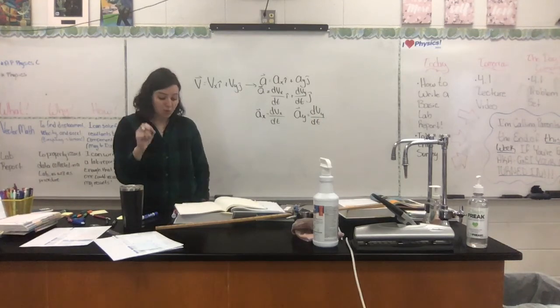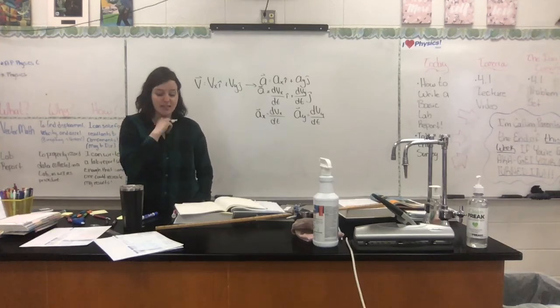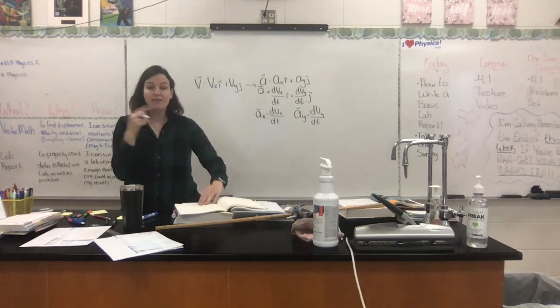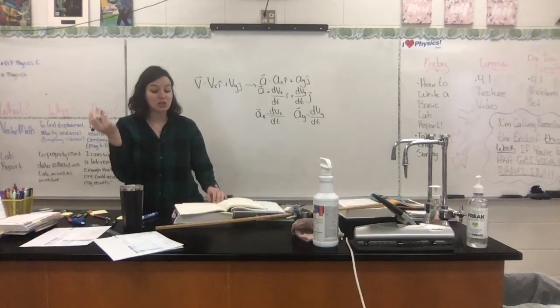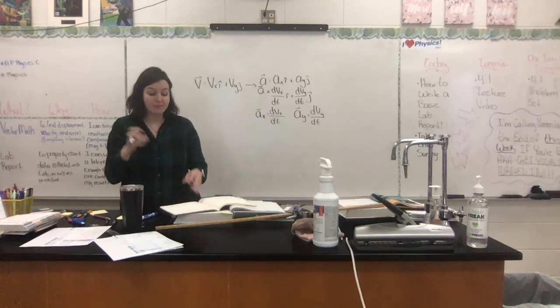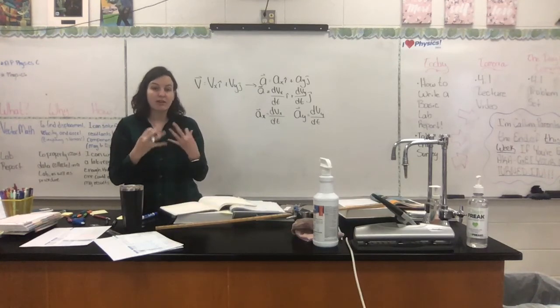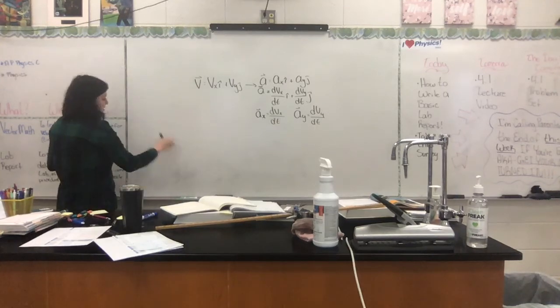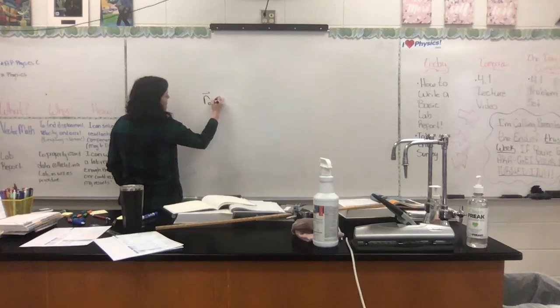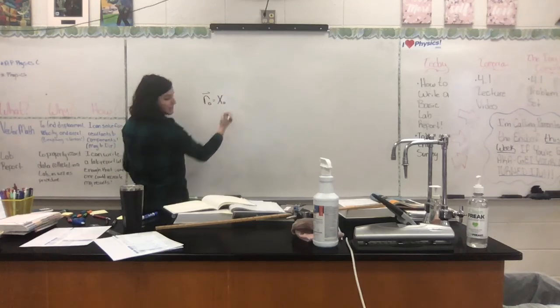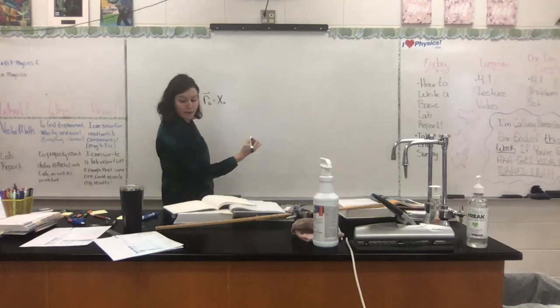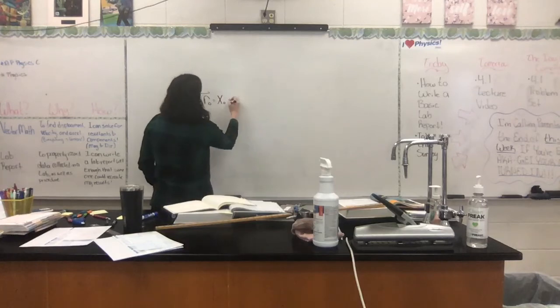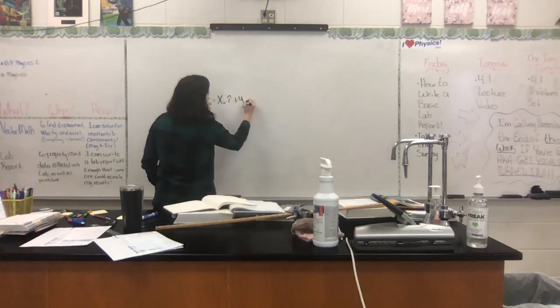And what's really cool is that if your acceleration is constant, like it pretty much has been the entire time we've been talking about it, everything you learned previously is still going to apply. So consider a particle that moves with constant acceleration from an initial position of r naught equals x naught i hat plus y naught j hat, okay?